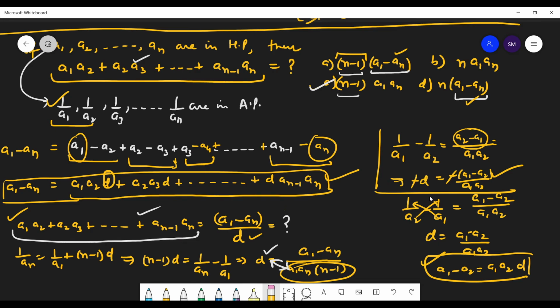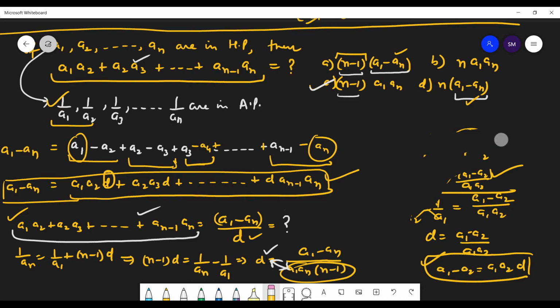Sir, but did we do in the first that a1 minus an equals a1 minus a2 plus a2 minus a3? See, try to understand. We have worked according to the need of the situation.